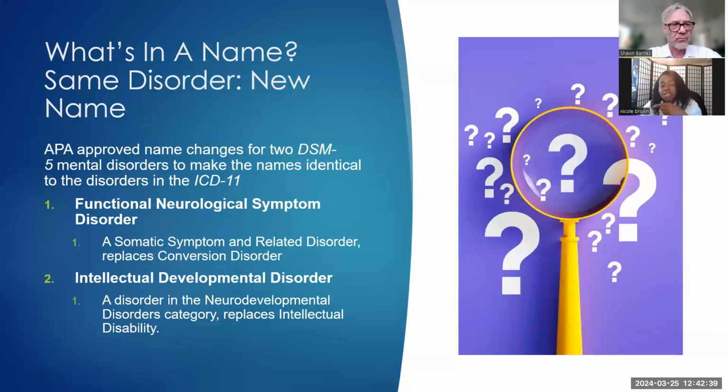Well, because it is directly connected to our clients' mental health, because somatic means body, and we're talking about what's going on with their body. And of course, I talked about intellectual developmental disorder, which, like I said, don't be shocked if you hear mentally retarded when you go to the court systems, because they're still using it.